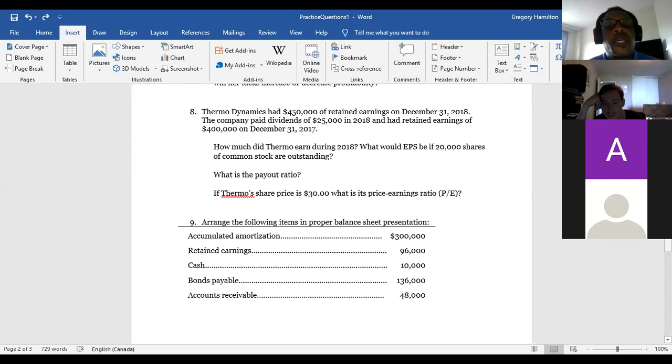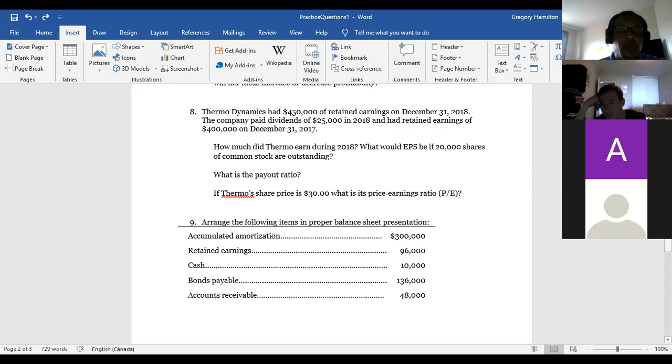So it tells us what the retained earnings is at the end of December 31st. It also tells you what the retained earnings was on January 1, 2018, because what it was on December 31st, 2017 would be the opening retained earnings for January 1, 2018.